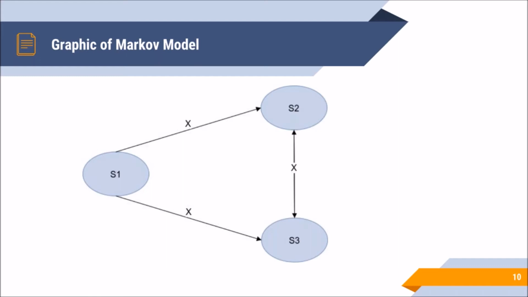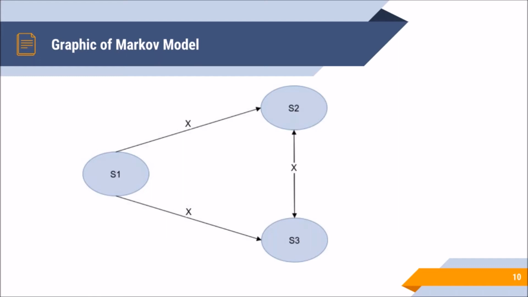With each edge we have a number associated with it, represented by X. So in the Markov model, S1, S2, and S3 are the states, the edges are the transitions, and X is the rate parameter for each edge.